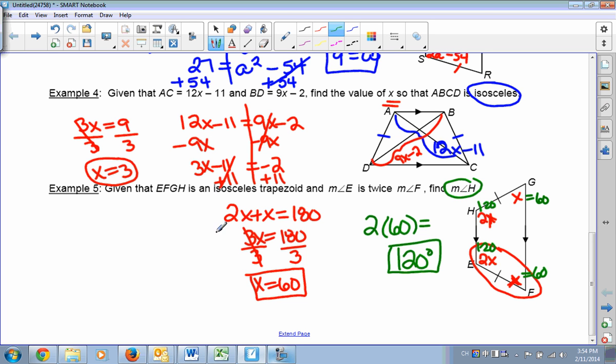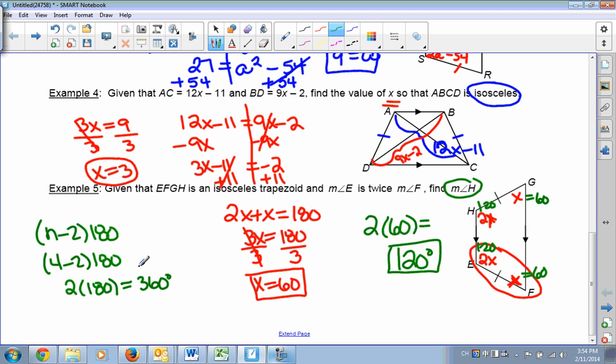Because remember our formula? Well, that's too bad because it's written right up there. n stands for the number of sides, so 4 minus 2 is 2, and then times 180 is 360. So anything with 4 sides will have 360 degrees inside of it. That's just a reminder for you.